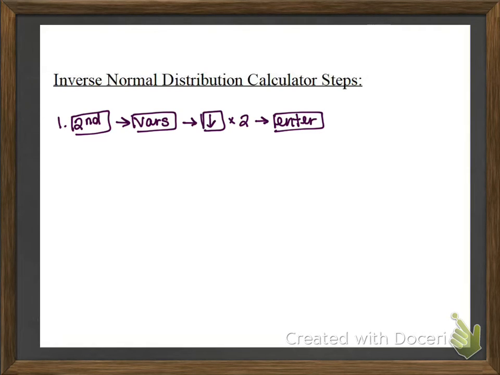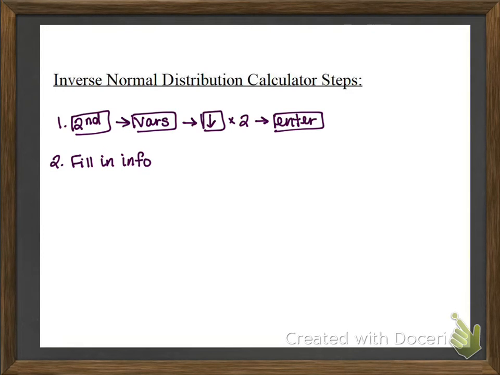The first thing is press second bars. This time we need to go down 2 times to inverse norm and then press enter. Just like with normal CDF, we then need to fill in our info. That will be the area, the mean, and the standard deviation. Now, with the area, if you have a calculator like the ones we have in the classroom, you can do the area to the left or the right of the boundary.